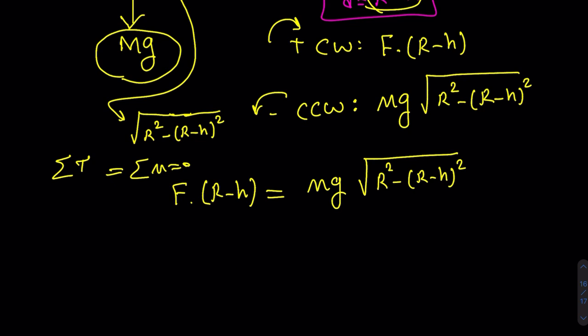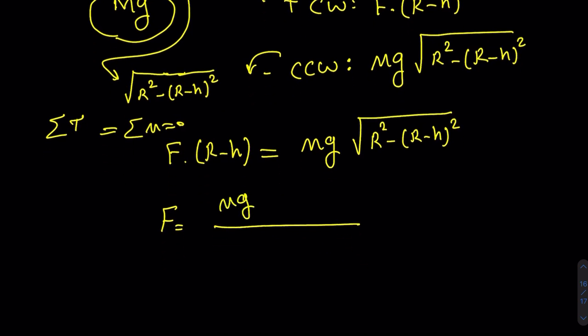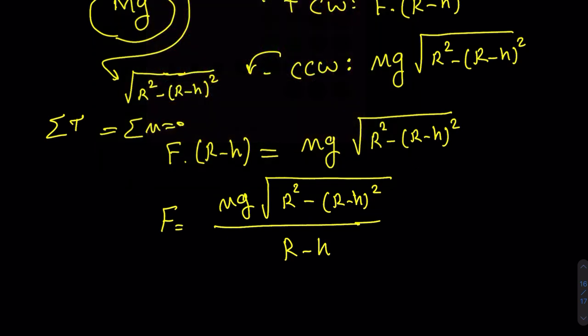And then F will be equal to mg times the square root of R to the power of 2 minus (R minus h) to the power of 2, divided by R minus h. So this is the minimum value of F.